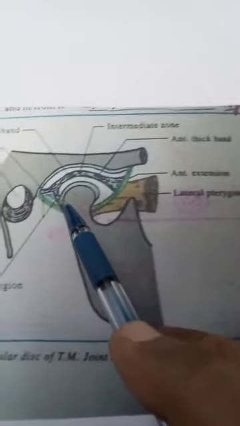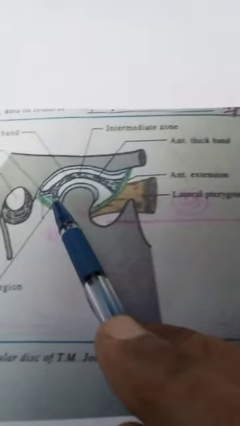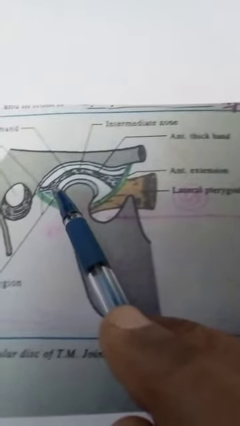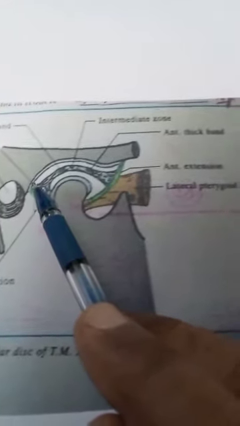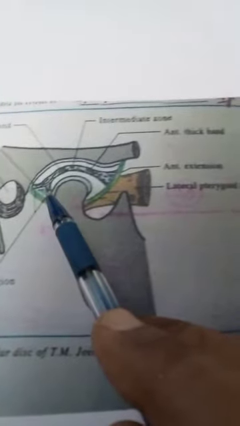Posteriorly, the disc splits into an upper and a lower lamella. In between these two lamellae lies the venous plexus. Upper lamella is attached to the posterior margin of the mandibular fossa. Lower lamella is attached to the back of the head of the mandible.